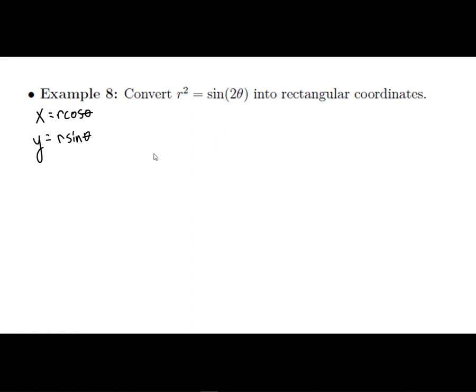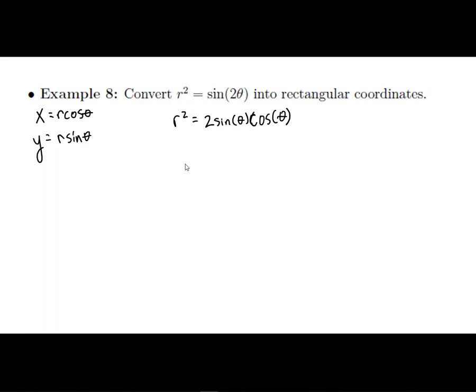Okay? But notice it doesn't say anything about the cosine or the sine of 2 theta. But luckily, sine of 2 theta, we know that's our double angle formula, which says that's equal to 2 times the sine of theta times the cosine of theta. Okay? But of course, we need r cosine theta and r sine theta.